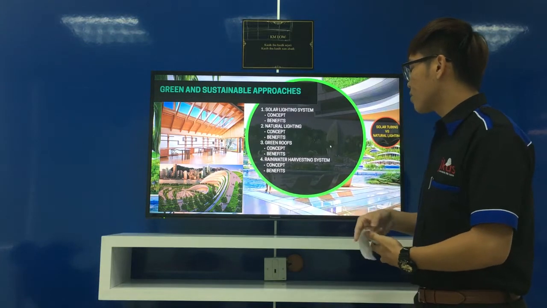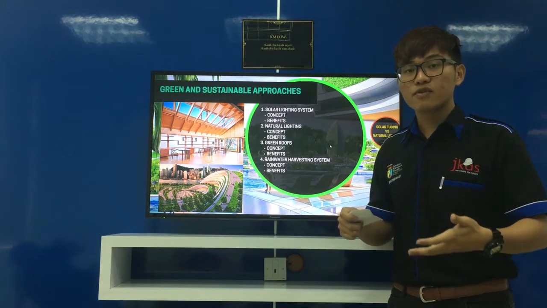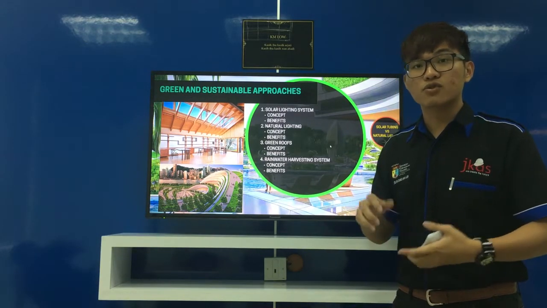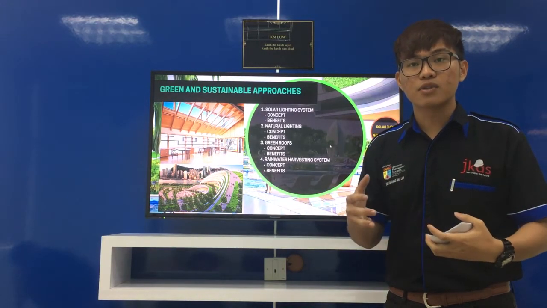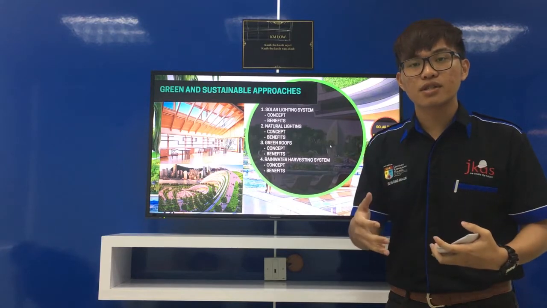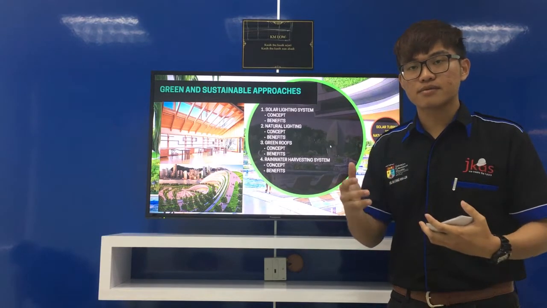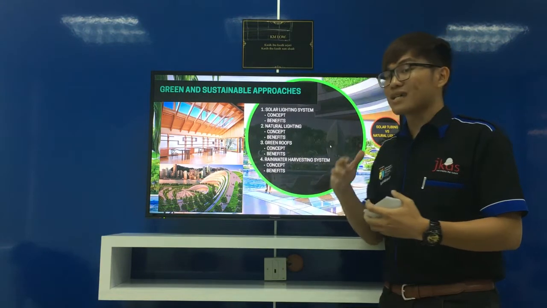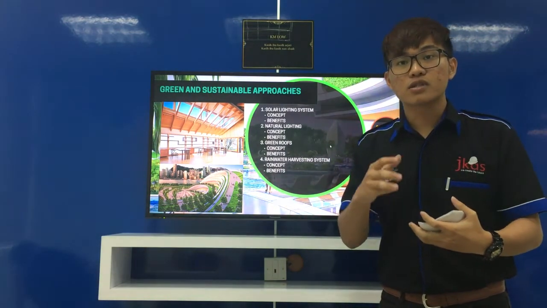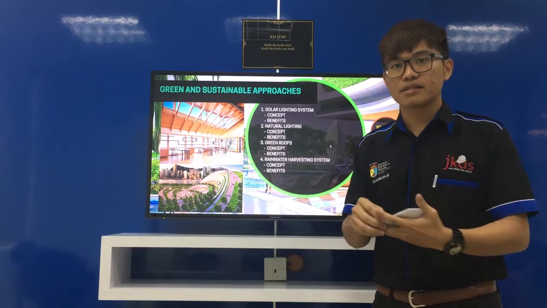Green roof system. What is a green roof system? A green roof, or a living roof, is a roof of a building that is covered partially or completely by vegetation or a growing medium. And the growing medium will be planted on the waterproofing membranes.